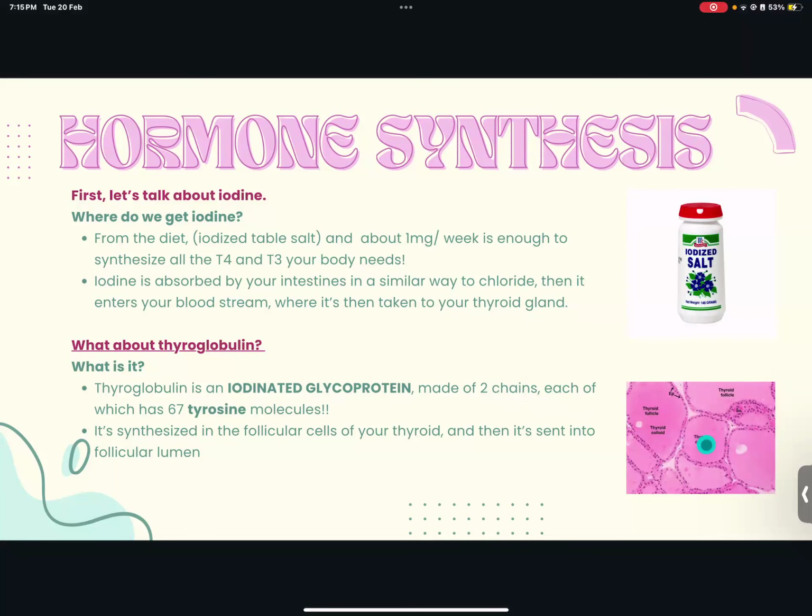It's made up of 2 chains, and each chain has 67 tyrosine molecules. So you can imagine how many T3s and T4s can be made out of each tyrosine molecule, right? And this thyroglobulin is synthesized inside your follicular cells, and then it's sent into the follicular lumen.